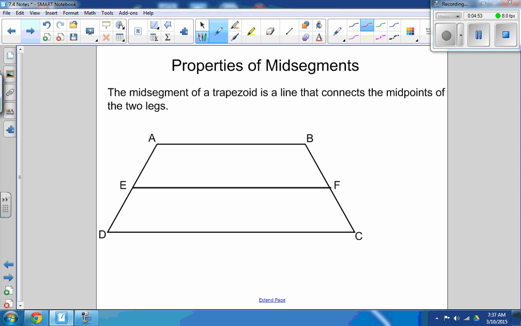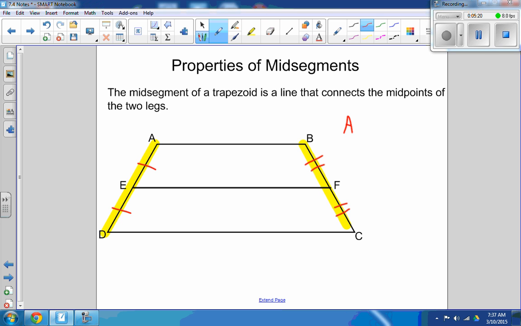Now, the property of the midsegment of a trapezoid is a line that connects the midpoints of the two legs. Remember, the legs are the non-parallel sides. So it's connecting the midpoints of the non-parallel sides. The midsegment's length is half the sum of the two bases.